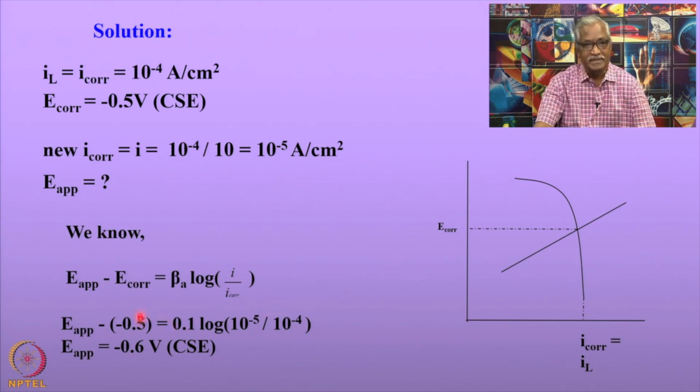Substituting these values in this Tafel equation, one would obtain the applied potential is equal to minus 0.6 volt with respect to copper saturated copper sulfate electrode. So, we need about 100 millivolt polarization towards negative potentials.